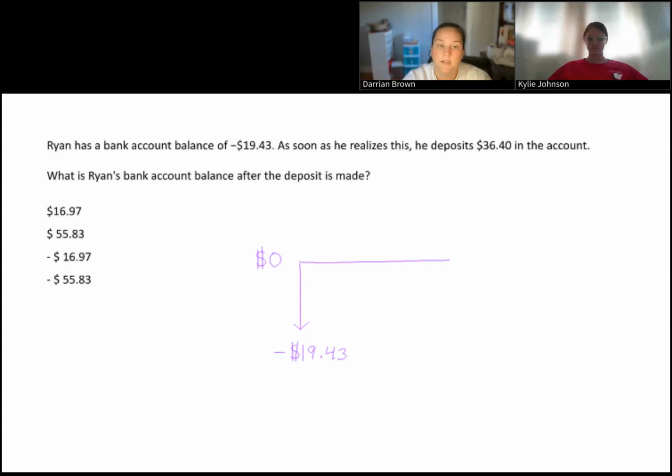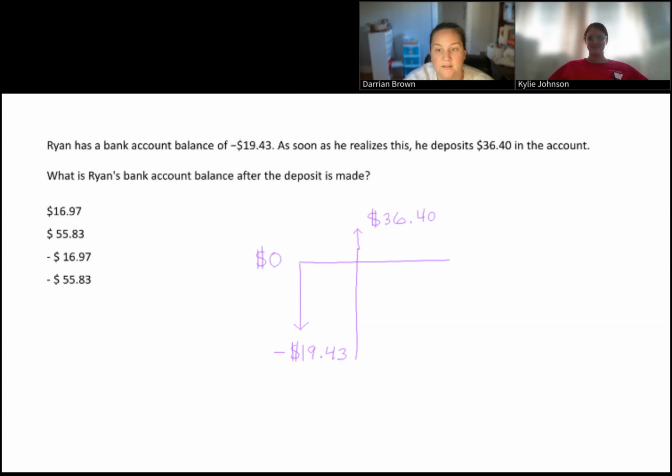Then it says when he realized that, he deposited or put money in his account, which is positive. So now it's going to go up $36.40. So just based on that, will he have a positive amount of money in his account after he deposits that, or negative? What do y'all think?